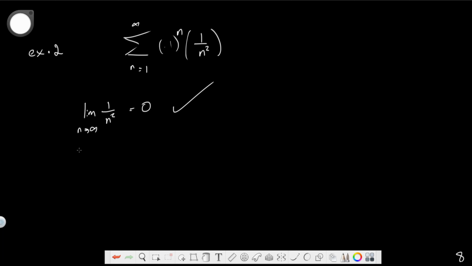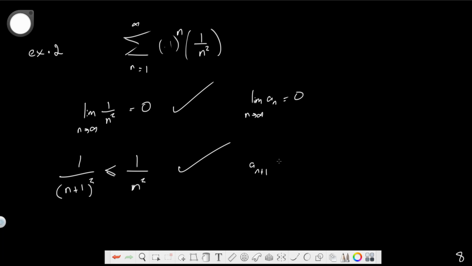Check. 1 over n plus 1 quantity squared is less than or equal to 1 over n squared. Check. The limit of a sub n as n goes to infinity is 0, and a sub n plus 1 is less than or equal to a sub n. By the alternating series test, this series converges.